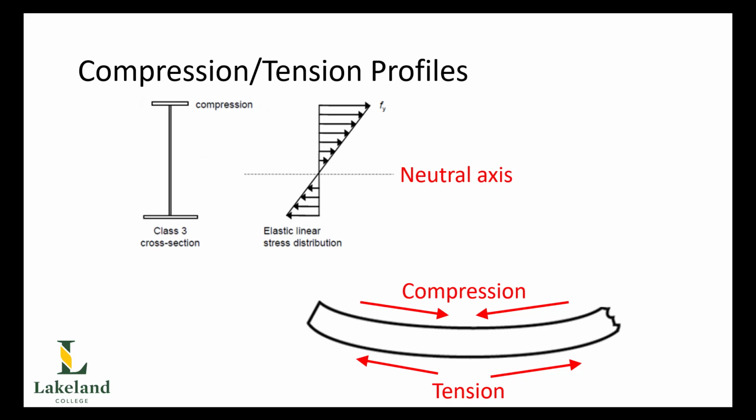Once we pass that point, the compression force starts until eventually we get to a maximum compression force on the outermost top of the beam. So we can end up representing this stress distribution diagram. The point where it crosses over is simply the point we call our neutral axis.